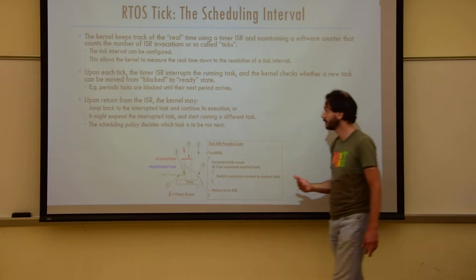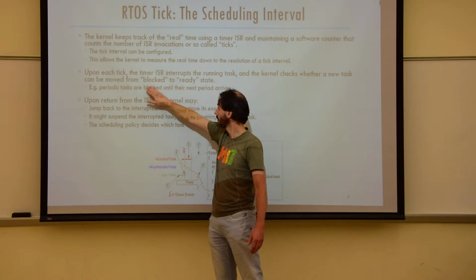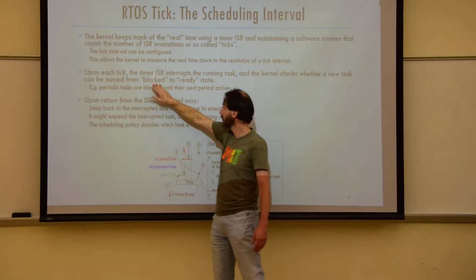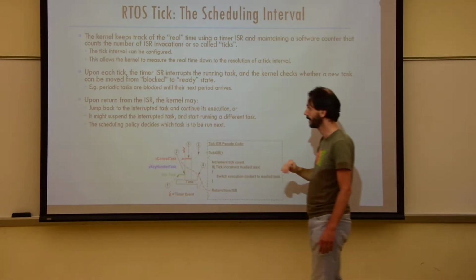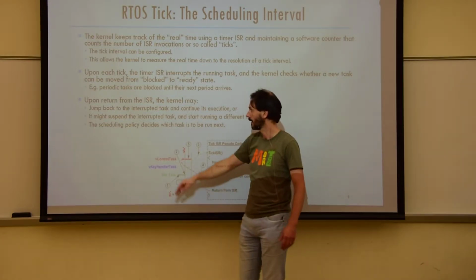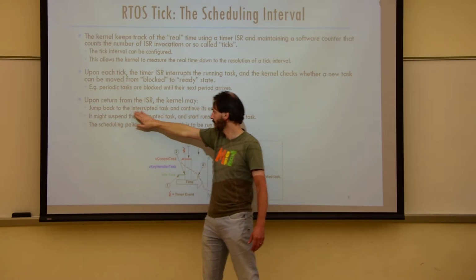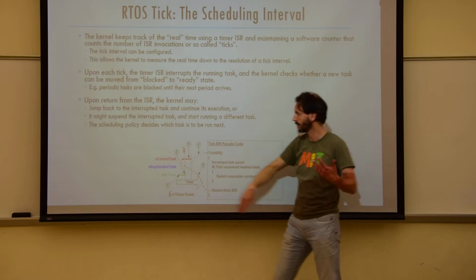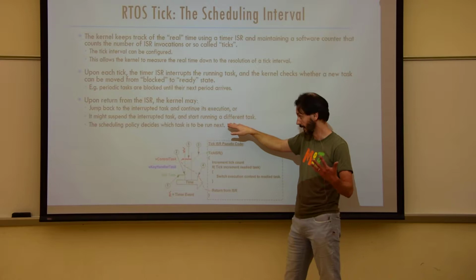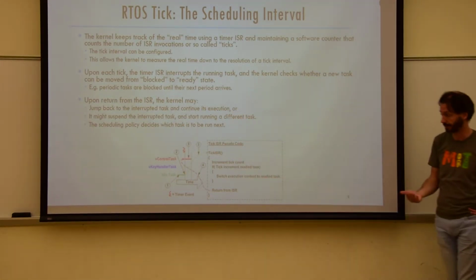And so upon each tick the timer ISR will have a look whether blocked tasks can be moved to the ready queue, and then of course also figure out whether after the ISR you should jump back to the interrupted task and continue its execution, or maybe suspend the interrupted task and start running a different task by scheduling by context switching. And the scheduling policy really decides which task is to be run next.